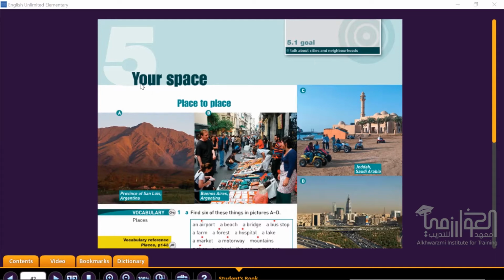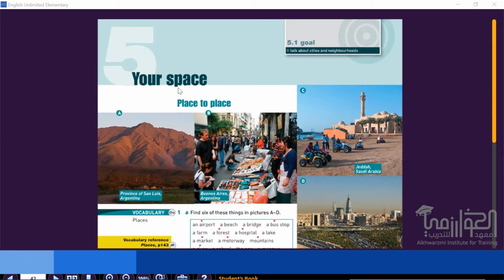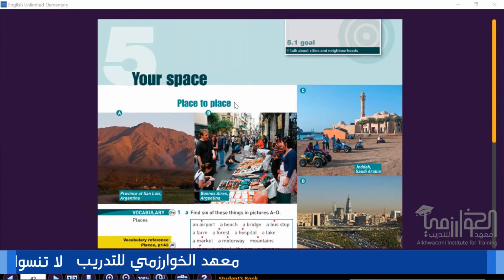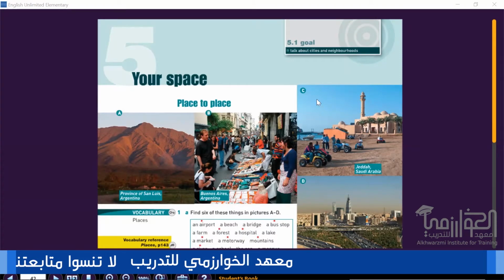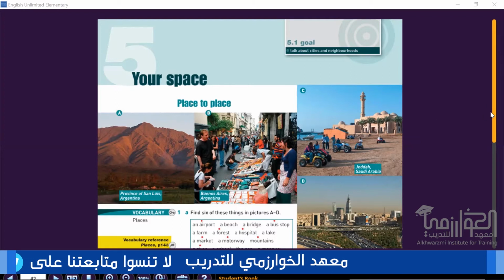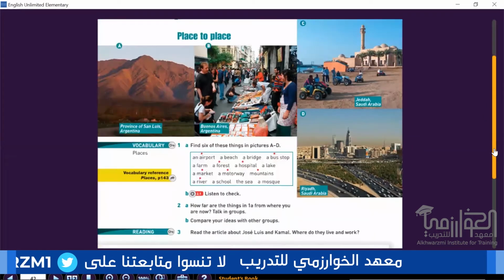Now, here we have your space, the place for you, like your farm. And then we will look at place to place, one place to another place, or for instance, like you move from one place to another place.